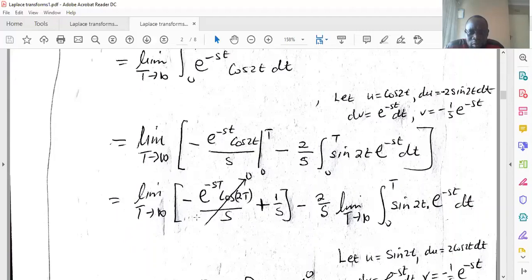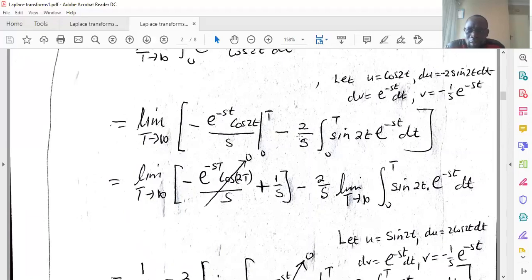At some point, we will learn that this function cos 2t is actually of exponential order. And if it is of exponential order, then this limit here goes to 0. We will see that at some point. But convince yourself that this limit goes to 0. You have done the limits before.